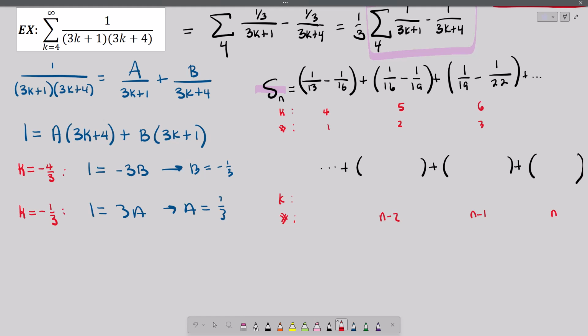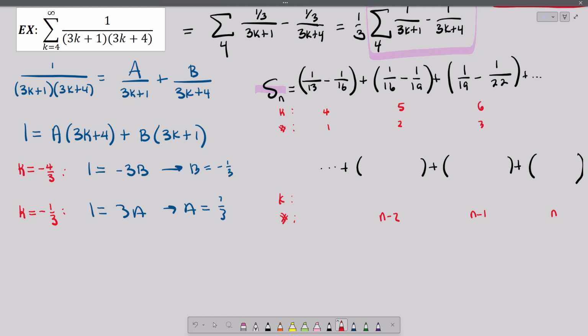What is the corresponding k value for the n minus second term? N plus 1. How did you do that? Subtracted k from the index number, and then added that to the index number.